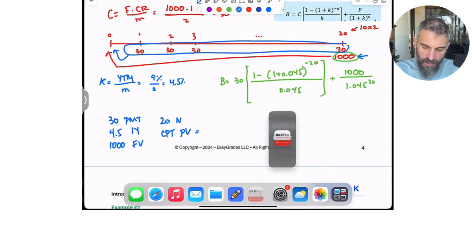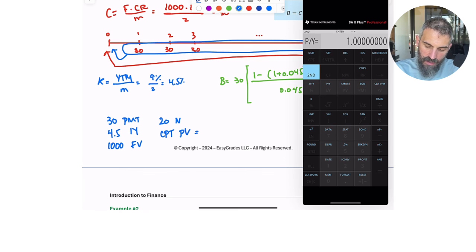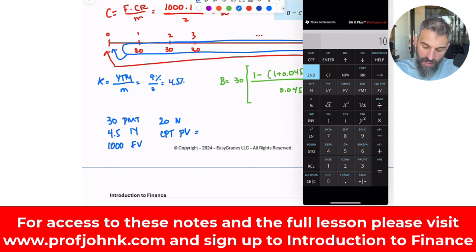So either way is good. Let's do it on the calculator here. So 30 payment, 4.5 IY, 1,000 FV, 20 N, compute PV, 804. Again, the negative here doesn't matter, so I'm ignoring it. 804.